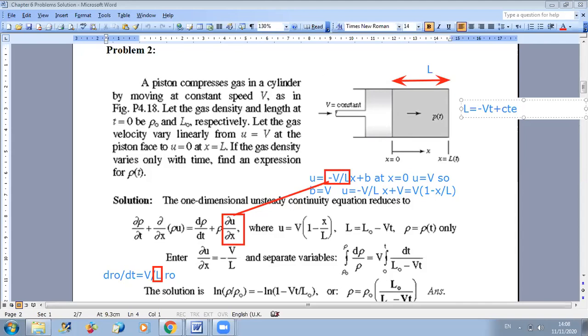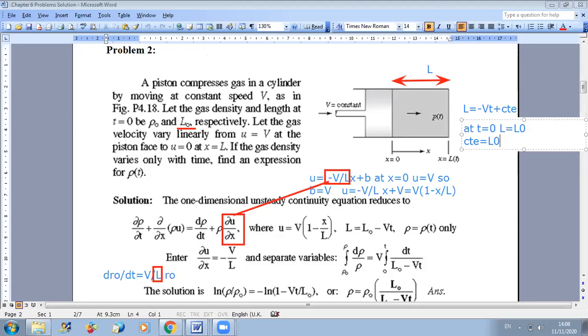How to find the constant? They gave me the initial length inside the cylinder, L0. So at t equals 0, L equals L0. Replacing in the equation, I get that the constant is equal to L0.